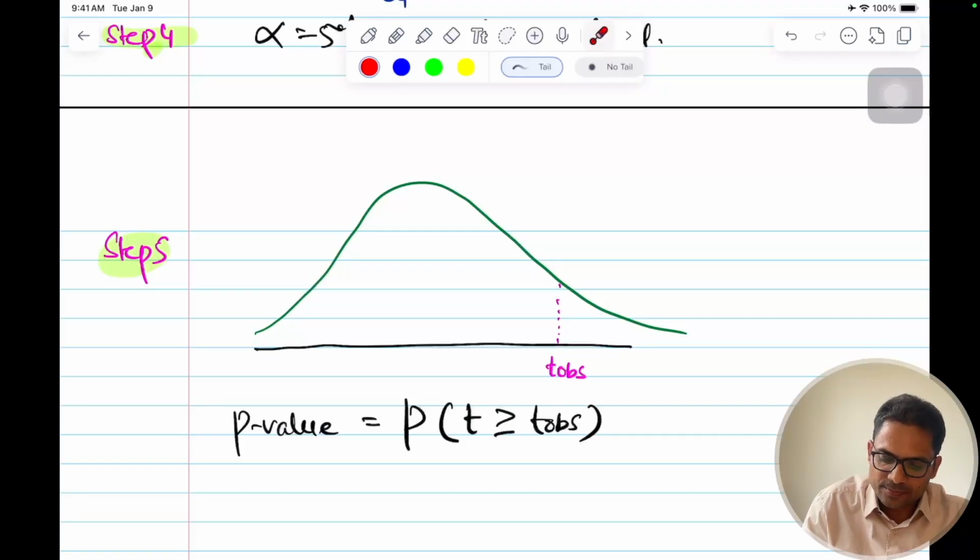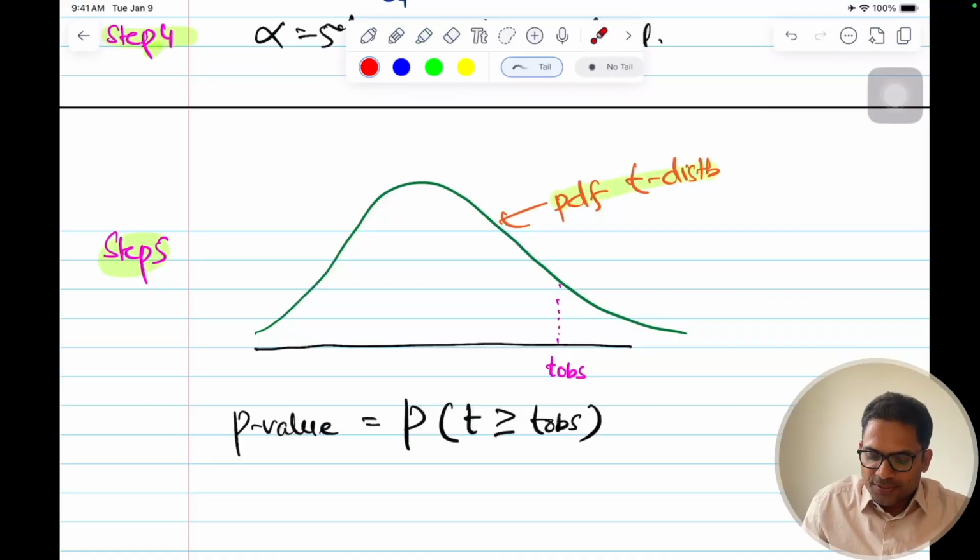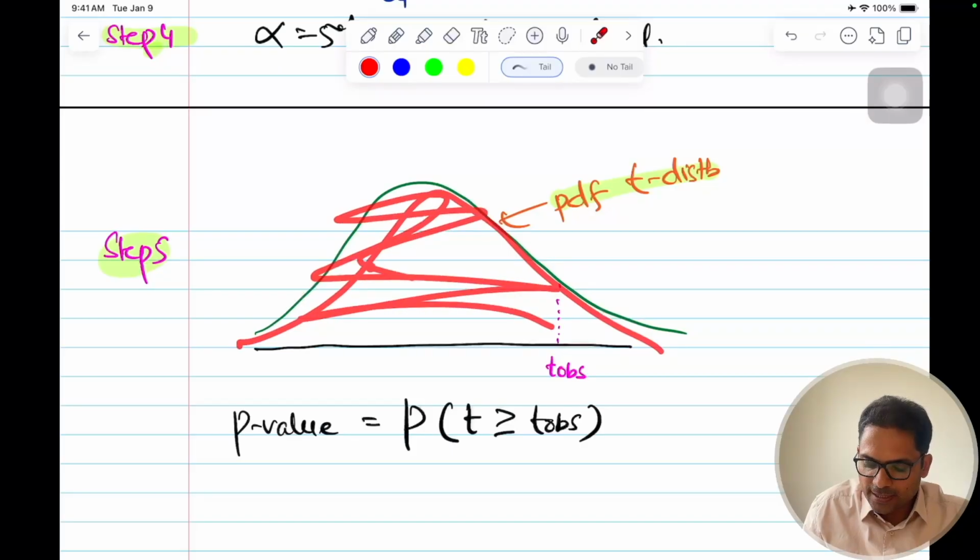This is the PDF of the t distribution. So what is the probability of seeing any value which is greater than or equal to t observed? If I want to find it from the PDF, the complete area under the PDF is 1.